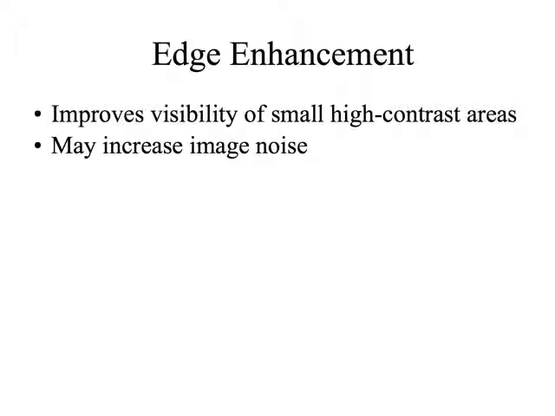But edge enhancement basically is going to improve the visibility of small, high contrast areas on the image, but of course it might also increase the image noise, right? So if it's going to do something to help us see these small, high contrast areas, we would expect it to increase image noise, right? Both those things seem interrelated.